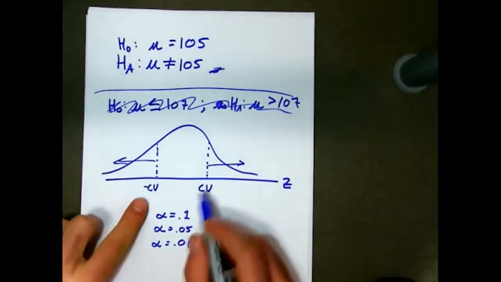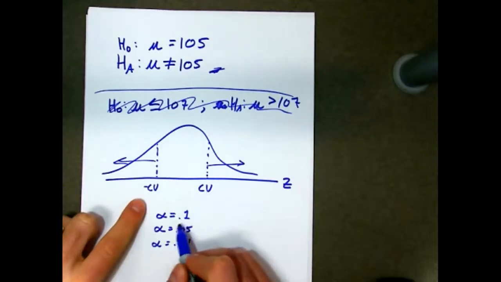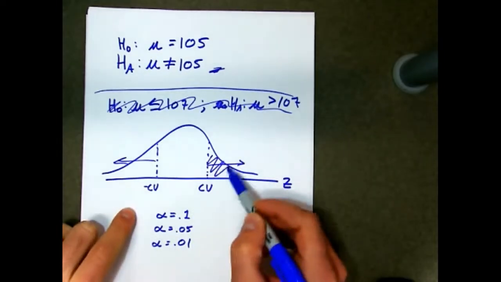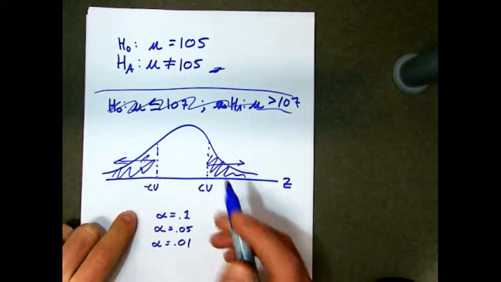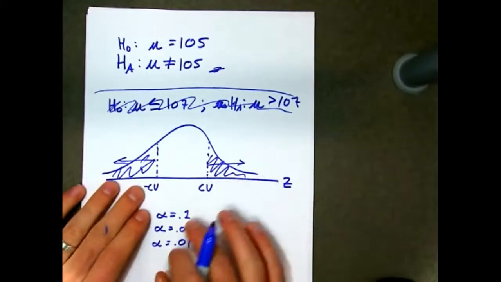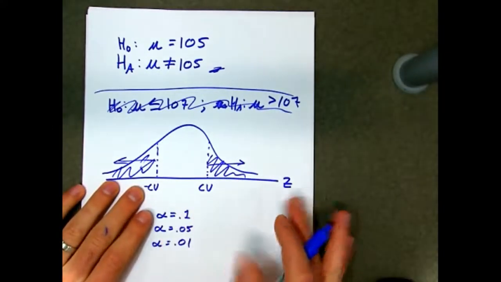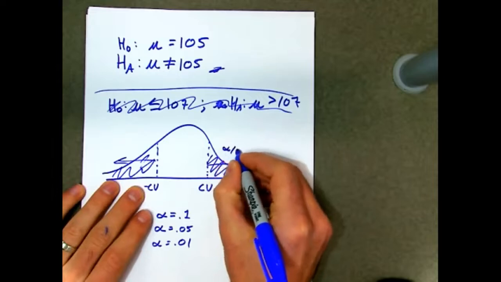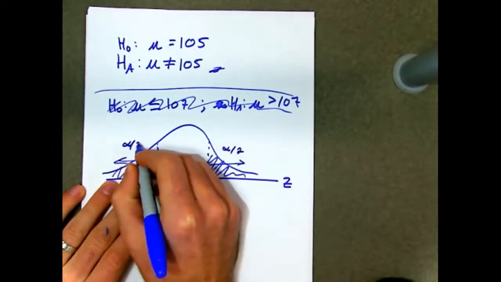So we want to find this pair of critical values that gives us alpha total in the tails. Okay? Well, with a one-tailed test, all of alpha is just in one tail. We only have one tail. But if we have two tails, alpha is the total area in the tails now. So on each tail, we'll have alpha over 2.